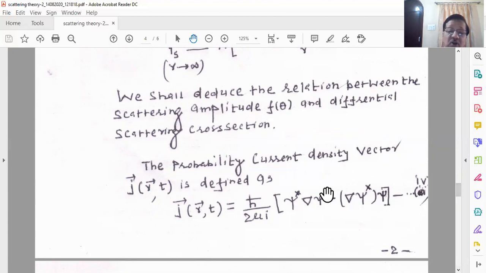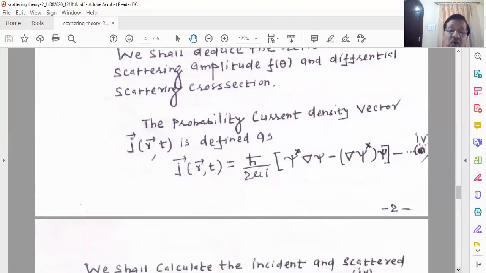Here I will not derive this expression for the probability current density vector. Once you know this expression, we can have a current density vector because of the incident beam of particles. I write it as J_i, where i stands for incident particle.